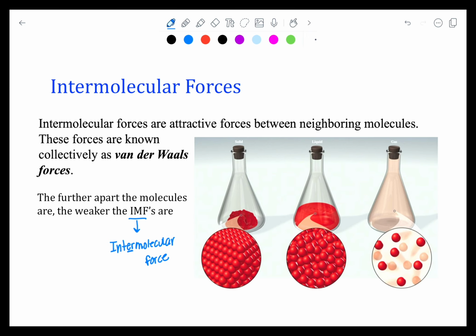Okay, so the intermolecular forces are attractive forces between neighboring molecules. So when I get to a gas, there are no molecules next to each other because they're all moving around. So these basically have no intermolecular forces in gases. In solids, that's when they are the strongest.